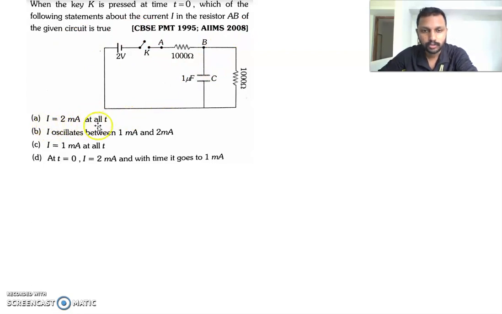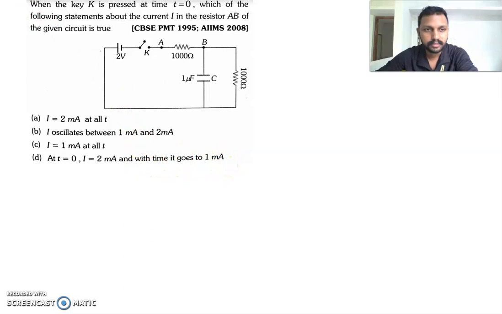Option A: I is equal to 2 milliampere at all t. Option B: I oscillates between 1 milliampere and 2 milliampere. Option C: I is equal to 1 milliampere at all t. Option D: at t is equal to 0, 2 milliampere, and with time it goes to 1 milliampere.